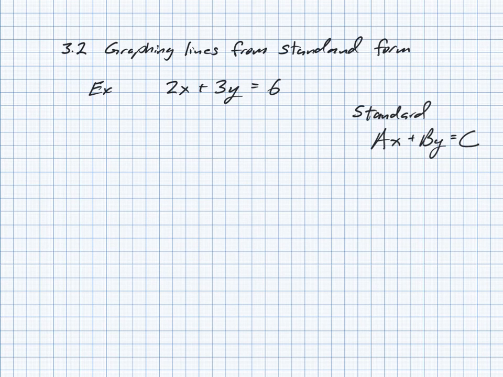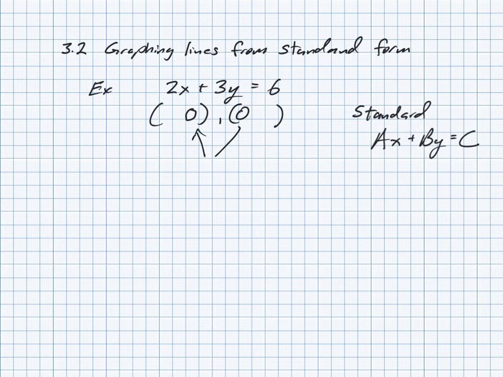To graph a line in standard form means to do what I was calling the cross-eye method. This is going to give us what we call the x and the y intercept. So the cross-eye method basically means that we're going to find two easy points. The two easy points are found by either letting y equal 0 or letting x equal 0.